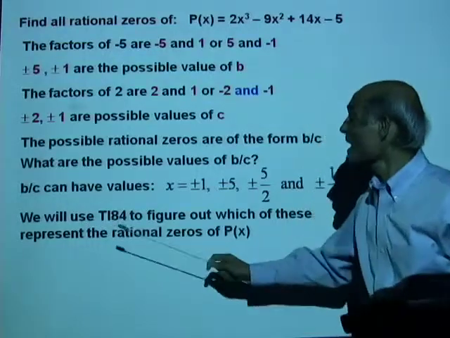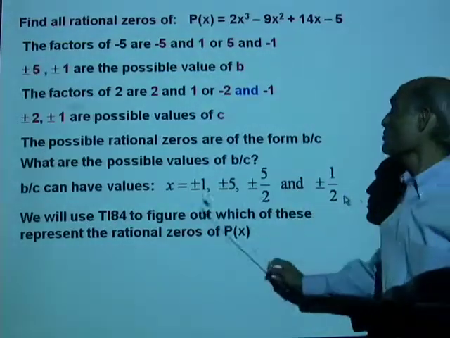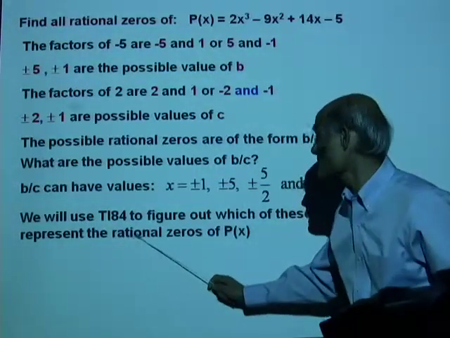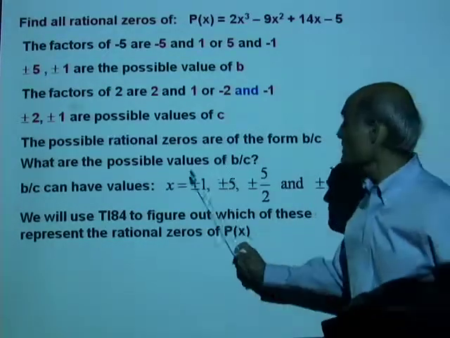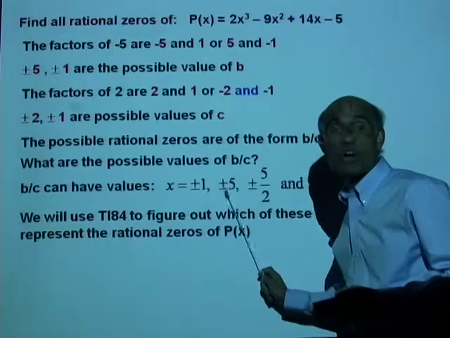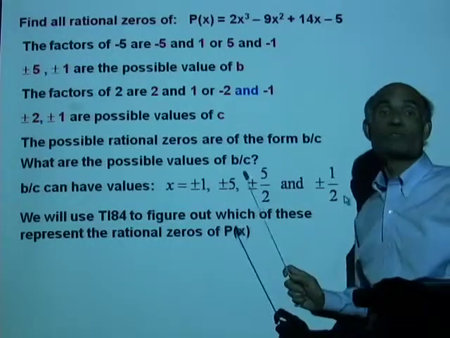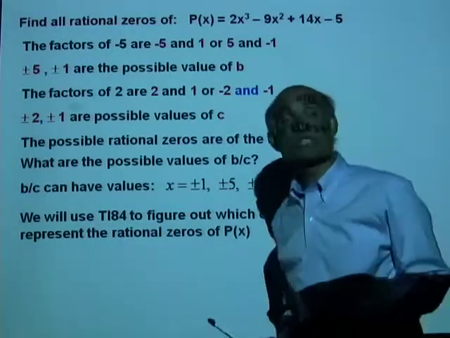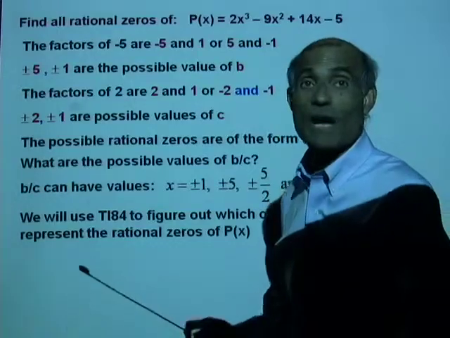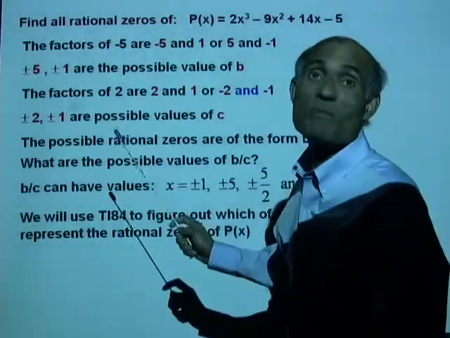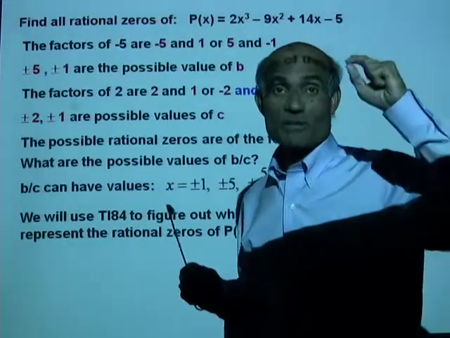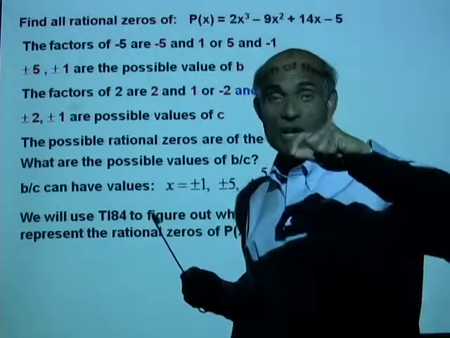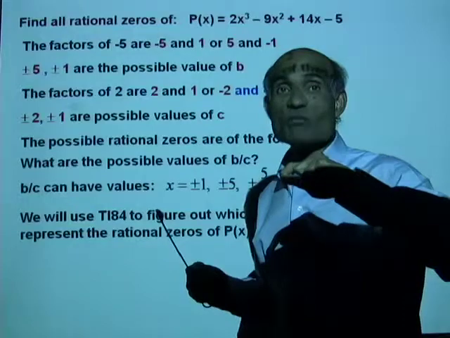Now we will use the TI-84 to figure out which of these represent the rational zeros of P of x. So we now know that these are the possible zeros, and so we will now use the TI-84 and use the common method. What's the common method again? Press APPS and the down arrow until you reach PlySmlt.